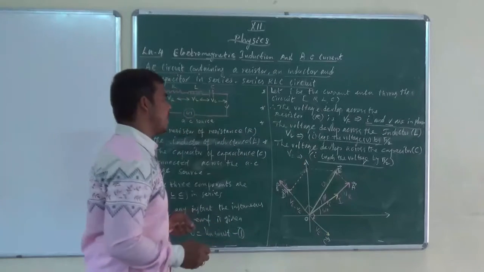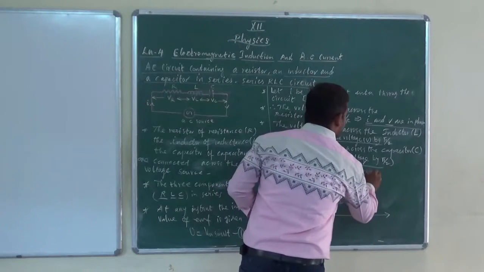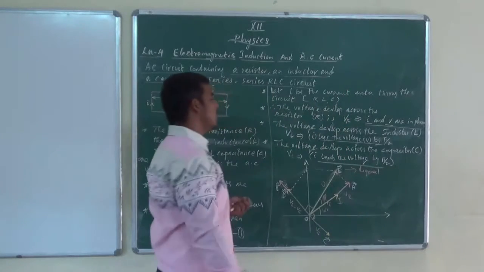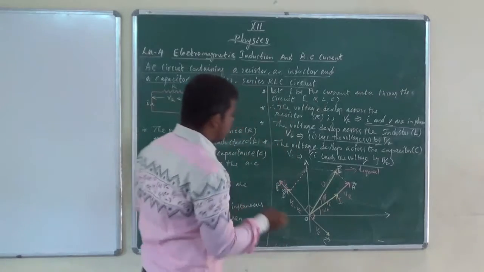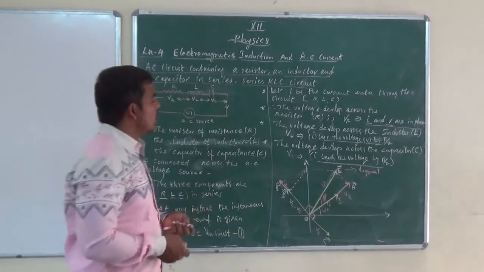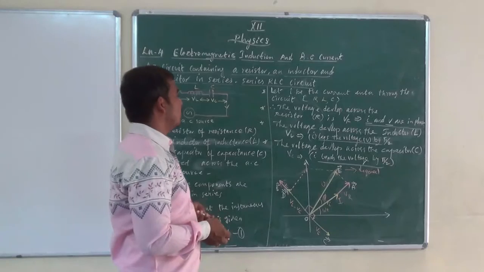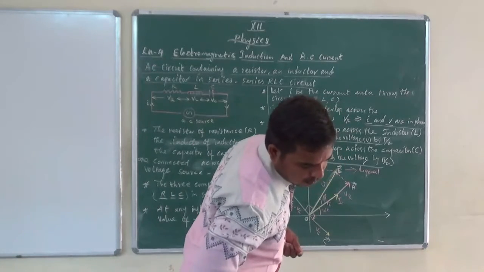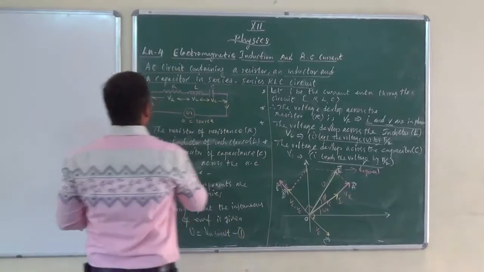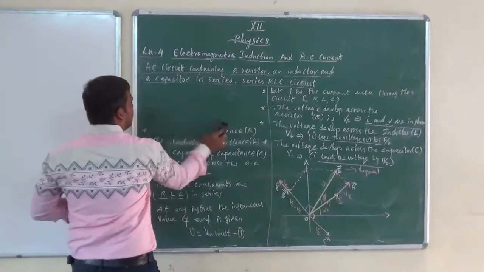This is the phasor diagram, and this diagonal E represents V. Using this phasor diagram, we can write the following. Any confusion for this diagram? No. Okay.